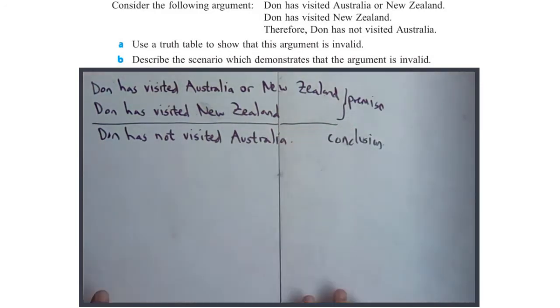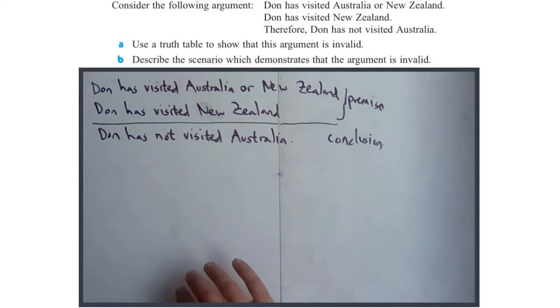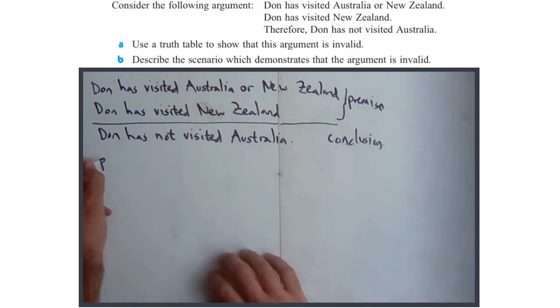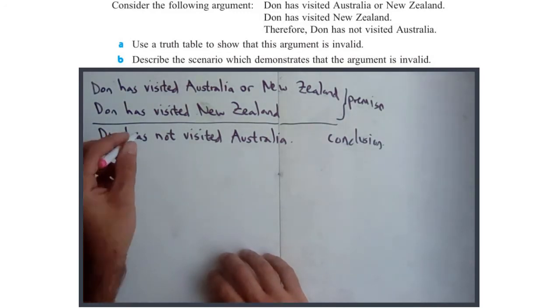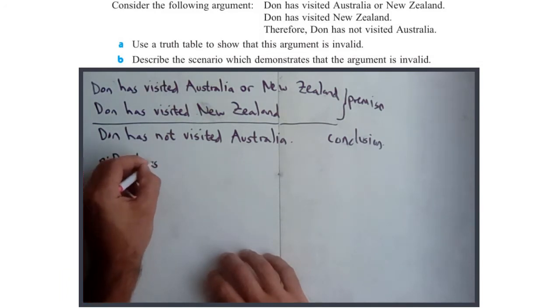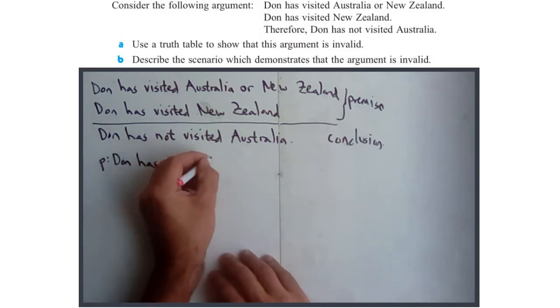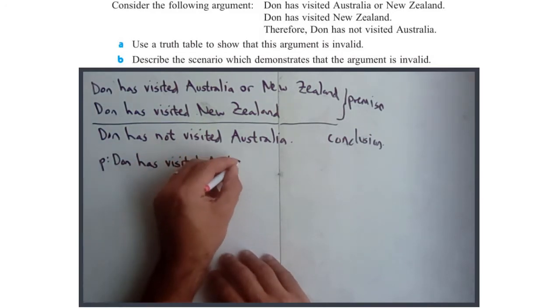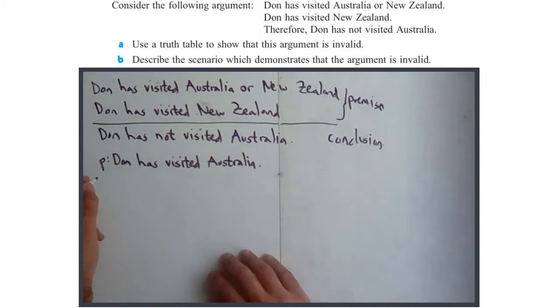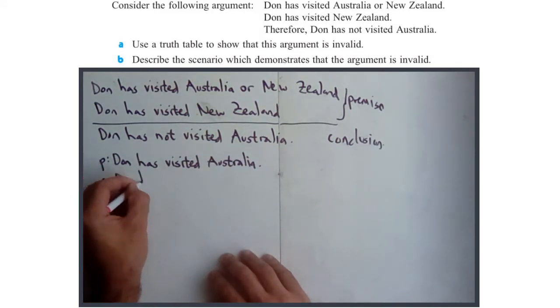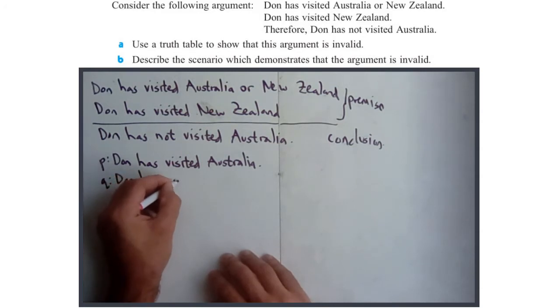We're going to have to define a proposition P and a proposition Q. Let's say P is Don has visited Australia, and Q is Don has visited New Zealand.